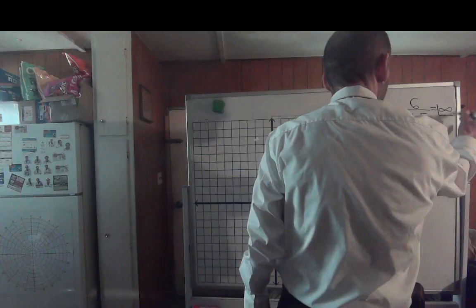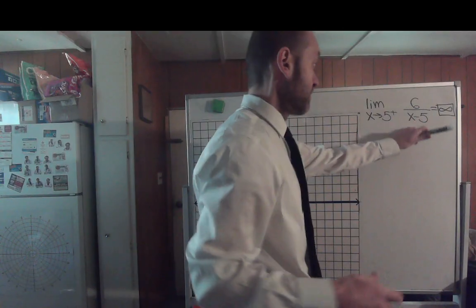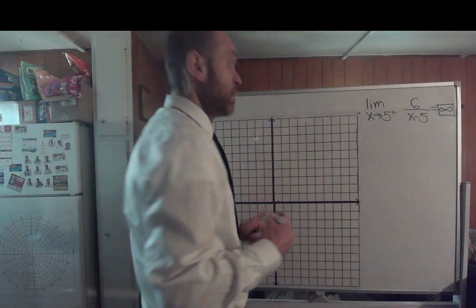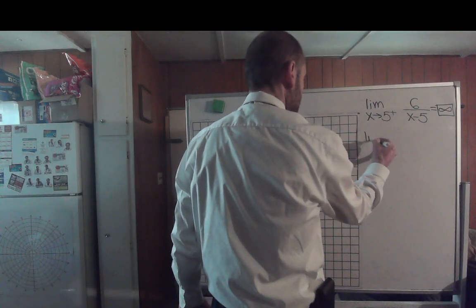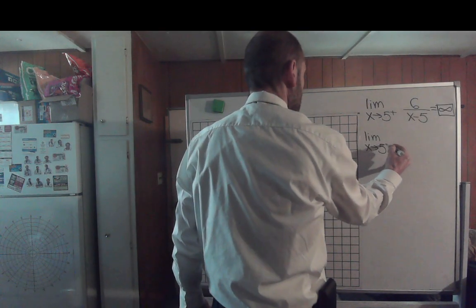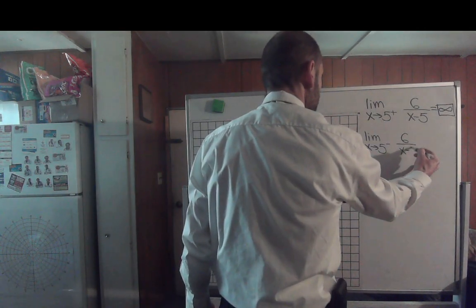So the right-handed limit as x approaches 5 of 6 over x minus 5 would be positive infinity. Okay, now let's take the left-handed limit as x approaches 5 of 6 over x minus 5.